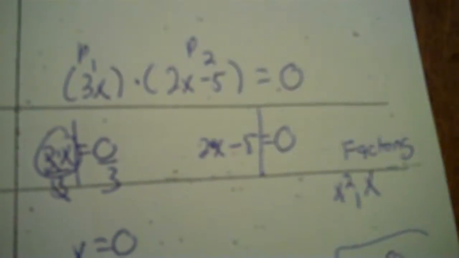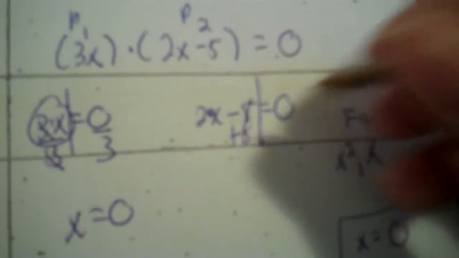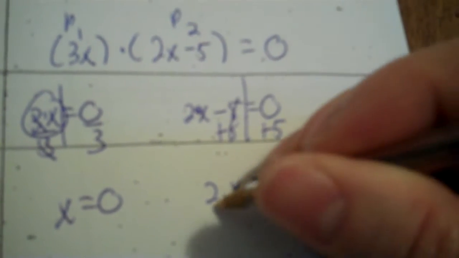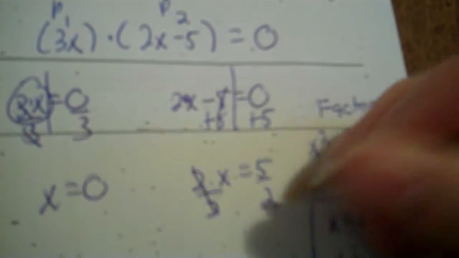And over here we have a times 2 and a minus 5, so we have to add the 5, then divide by the 2. 5 divided by 2 is a decimal. You can write 2.5. I'm fine with 2.5. I just don't want those decimals that go on forever and have to be rounded off. I want the exact answer.